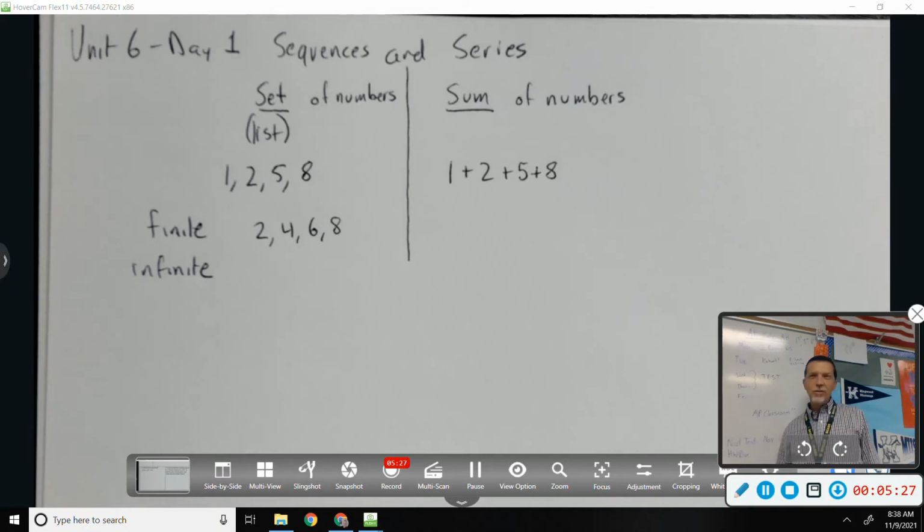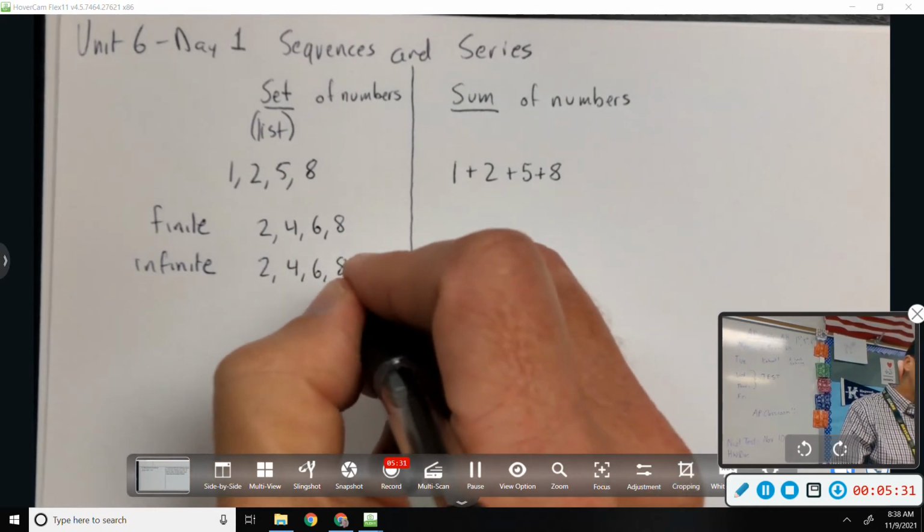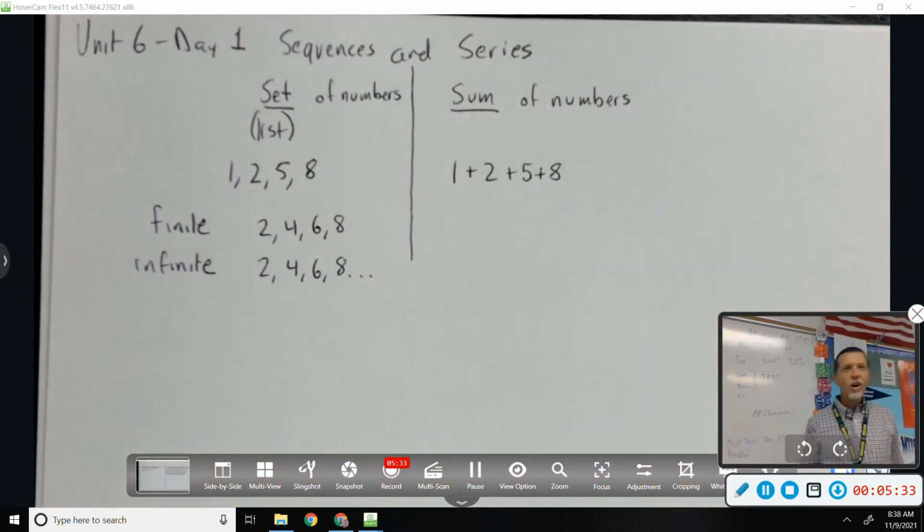An infinite set would be the even numbers, 2, 4, 6, 8, and so on, all of them. We don't do much with infinite because it goes on forever, and it's like, how do I know when to stop?